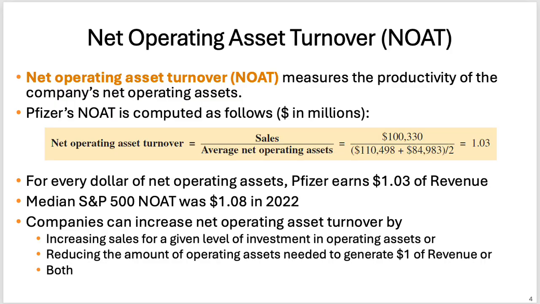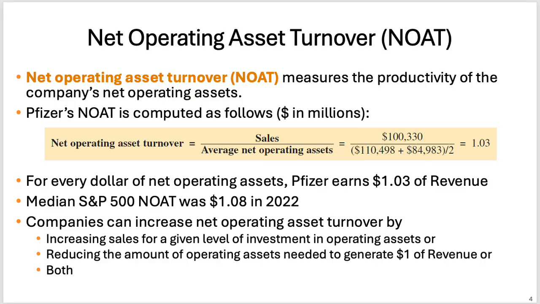And so you can see here the tan box basically constructs that in the fraction using the same sales revenue number as we have been throughout this module, but then using the net operating assets beginning and end and averaging the amount. You do the math, you end up with basically a little over $1 of revenue. In other words, for every dollar of net operating assets, Pfizer is generating $1.03 of revenue.